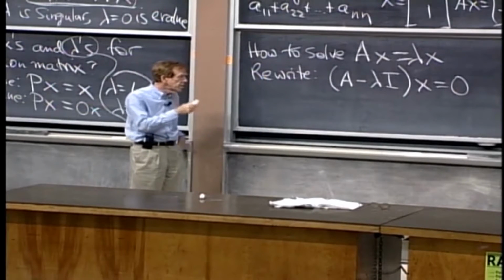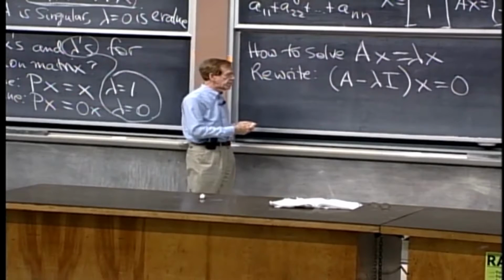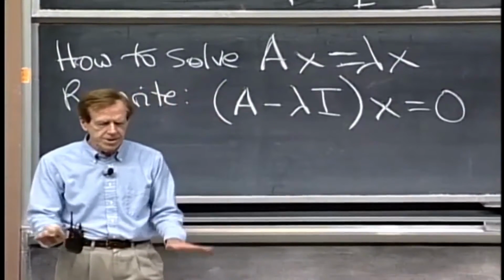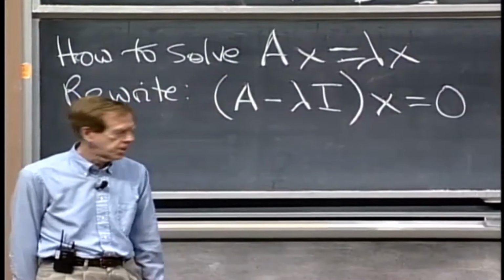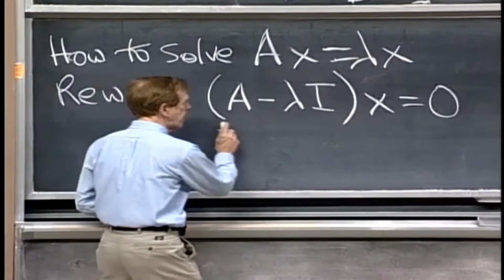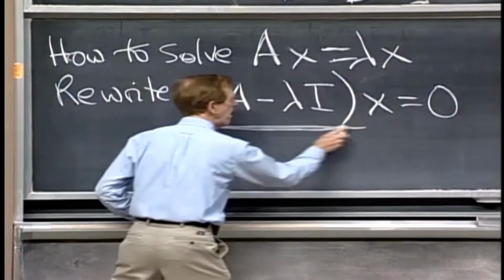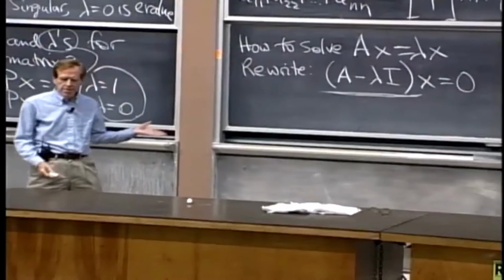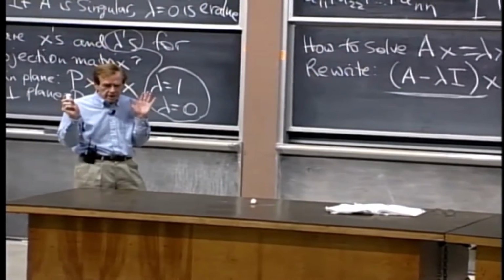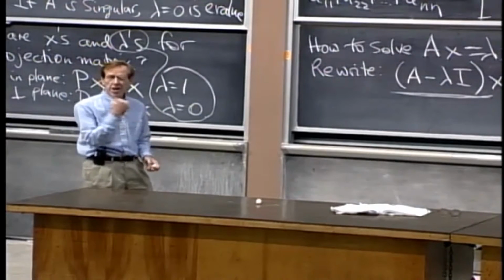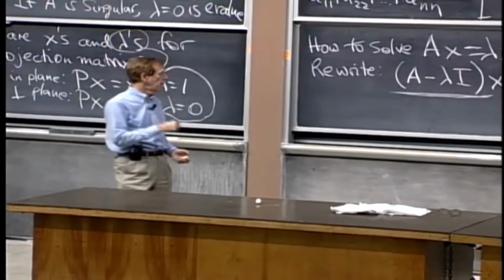What I know is if I'm going to be able to solve this thing for some x that's not the 0 vector, that's a useless eigenvector, doesn't count, then this matrix must be what? If there is an x, I don't care if right now I don't know what it is, I'm going to find lambda first, actually.